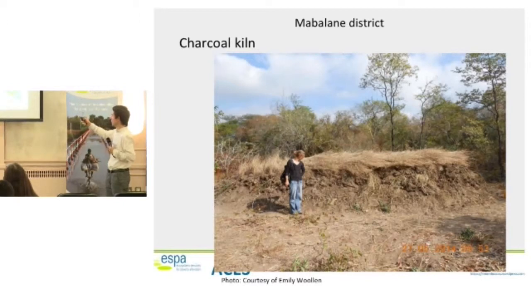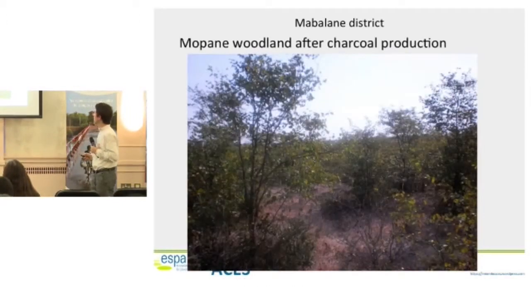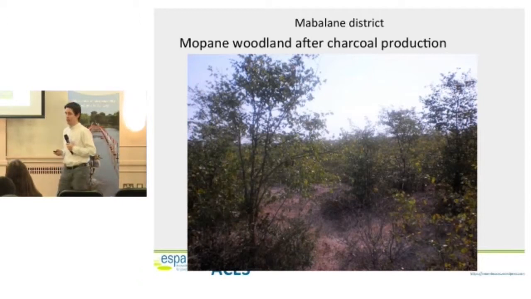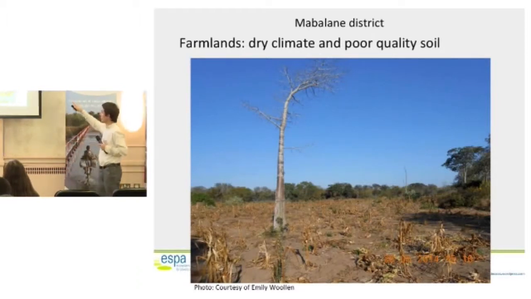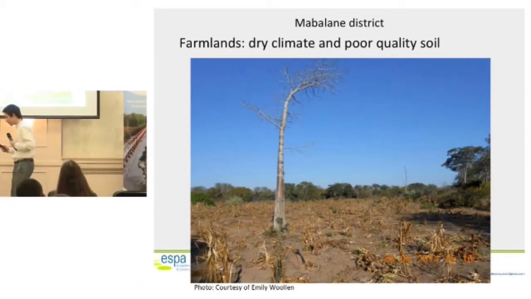And this is one charcoal kiln made in the middle of the forest of one of the villages. And this is more or less how the forest looks after charcoal production. In this area there is more forest degradation than deforestation. This is in part because it has a very dry climate and very poor quality soil, so the potential for agriculture is very low.